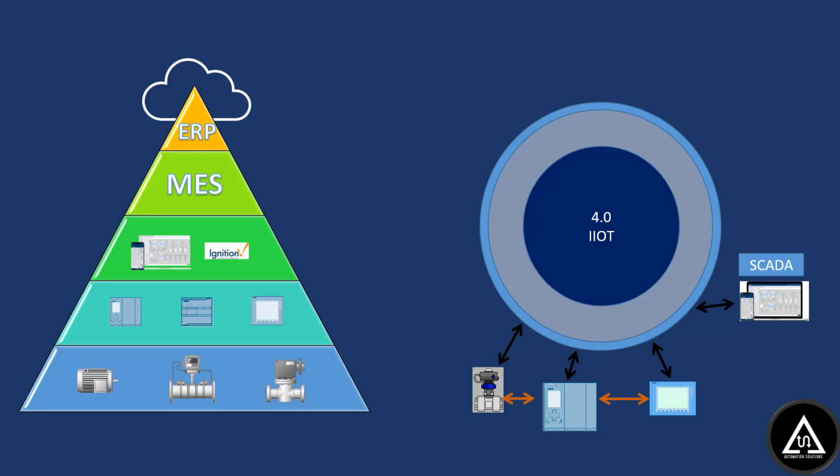The SCADA will subscribe to the unified namespace and auto discovery feature. You already have a list of all the PLCs that are connected, all the sensors that are connected, all the motors that are connected.